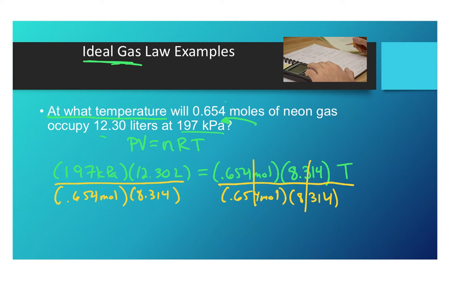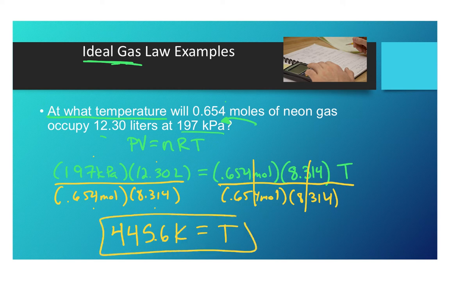Okay, so now I have a temperature that equals 197 times 12.30 divided by 0.654 divided by 8.314, which gives me a temperature of 445.6 Kelvin. And there's my answer.